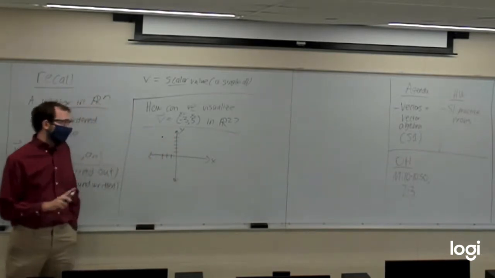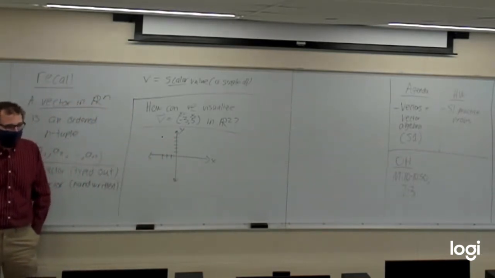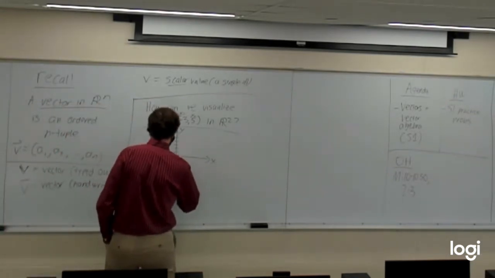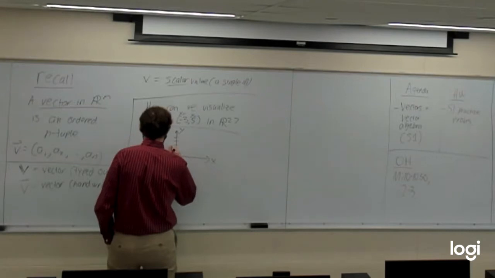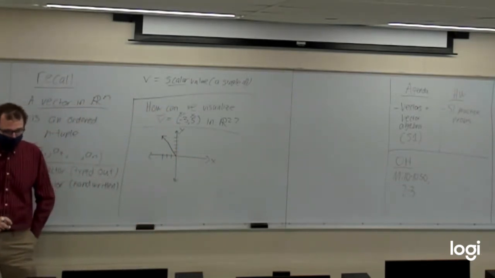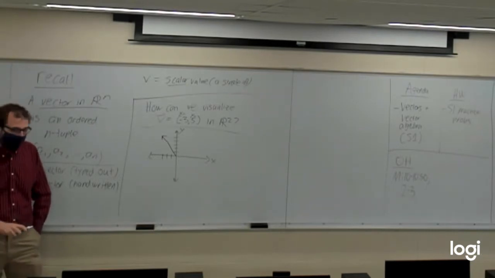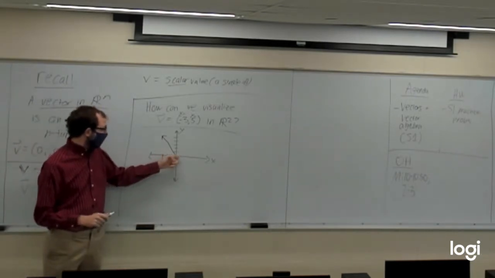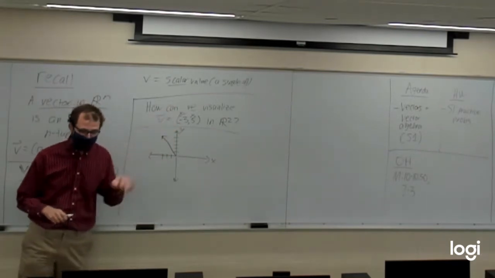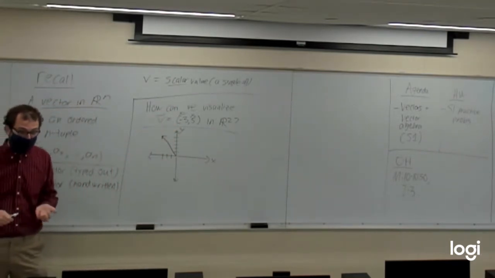And then typically, if we want to represent that as a vector instead of as a point, what we would do is we would just draw an arrow starting at the origin and have it point to that point right there. Just an arrow that starts at the origin and ends up at the point -3, 5 in the xy plane.